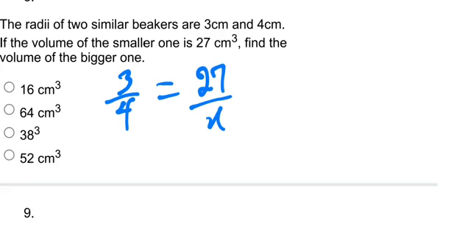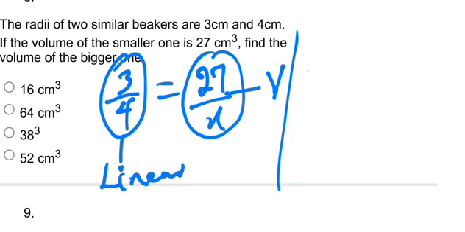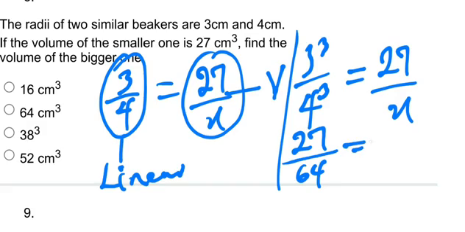But this will not be correct, because this side is volume, right, while this side is linear. So in order to make this linear to volume, we're going to cube this side. In that case, we're going to have 3 cubed all over 4 cubed, equals 27 all over x. That means we have 27 over 64 equals 27 over x.